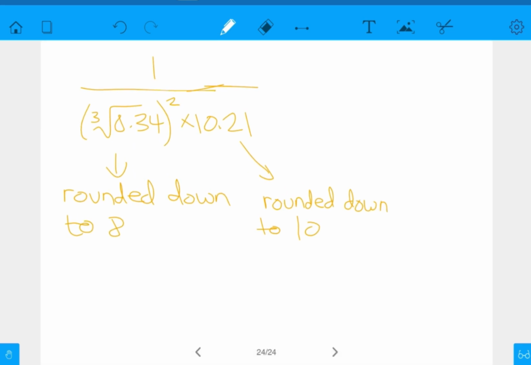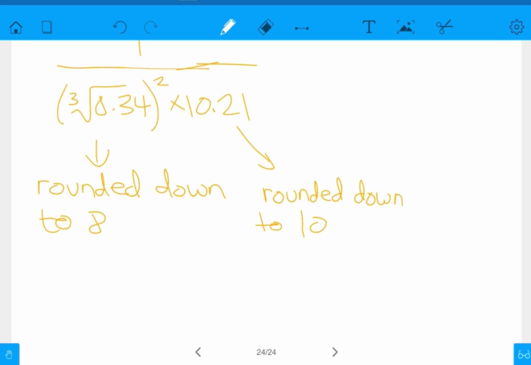So the estimated denominator will be lower than the true value of the denominator if we didn't round this. So when we do 1 divided by a smaller value, because we rounded down, then that will artificially inflate the value of the estimate, because we're doing 1 divided by a smaller value.